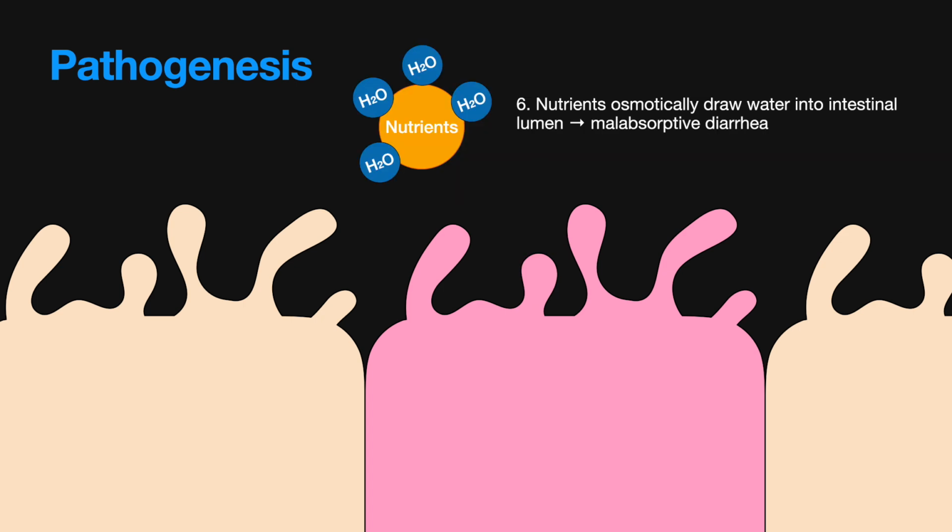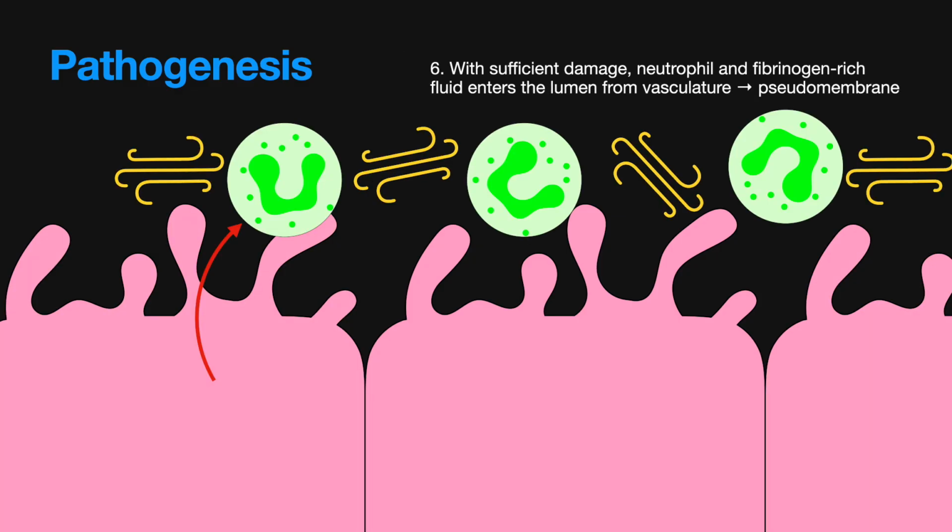Nutrients are osmotic and draw even more water into the intestinal lumen, resulting in a malabsorptive diarrhea. Finally, as damage to enterocytes accumulates, there is leakage of neutrophil and fibrinogen-rich fluid into the intestinal lumen from damaged vessels. These components come together and form a pseudomembrane, which is a characteristic feature of Salmonella enteritis.